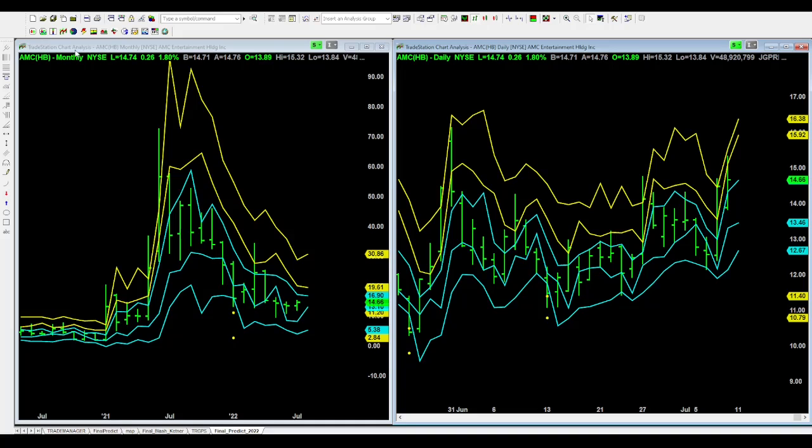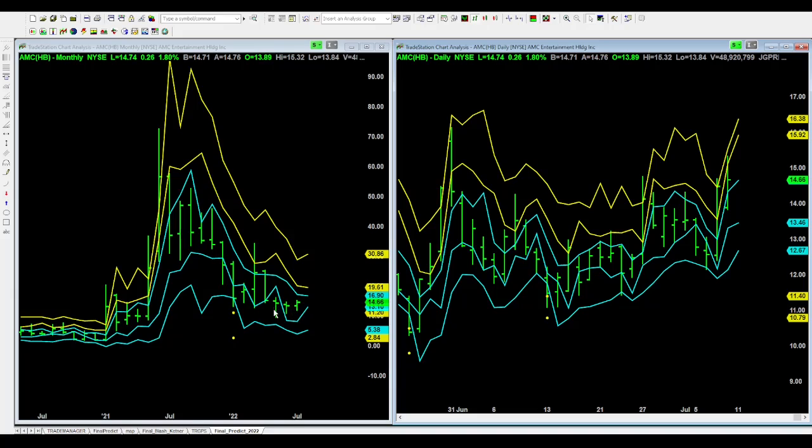This is a monthly chart, so each bar is a month, and this blue trend line and yellow trend line are the predicted target price range, predicted by the Uping stock prediction model.